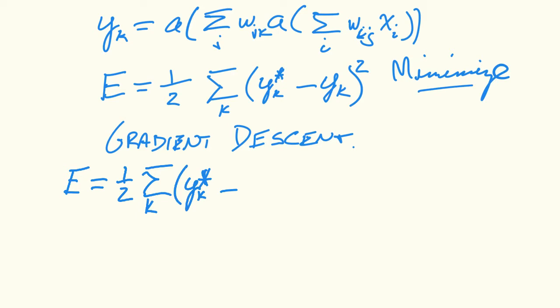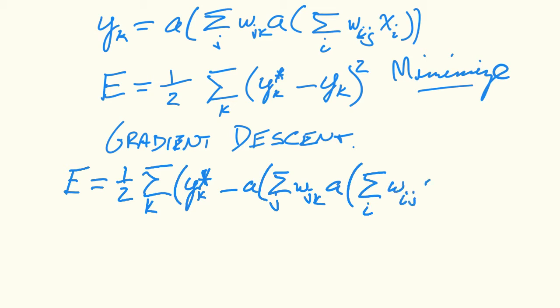And then let's expand this out. This is A of the sum across J of W J K times A of the sum across all I of W I J times X sub I. Whew.